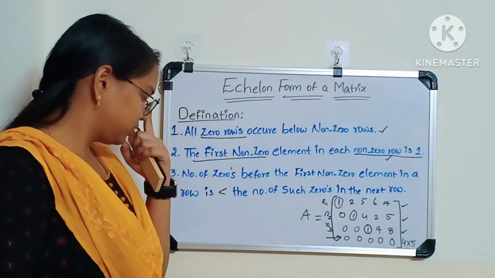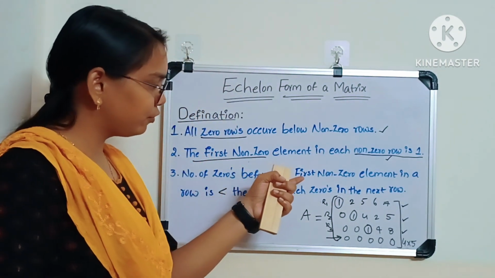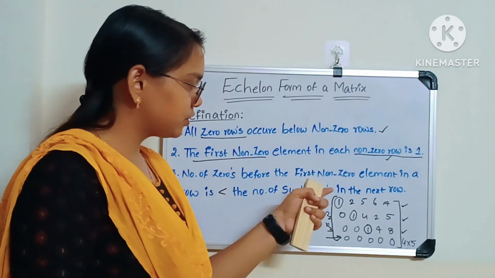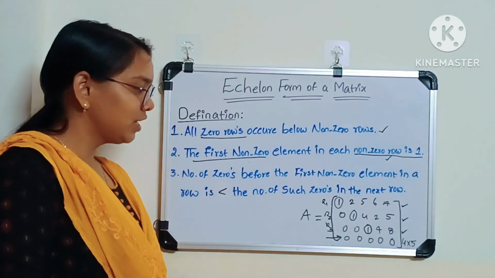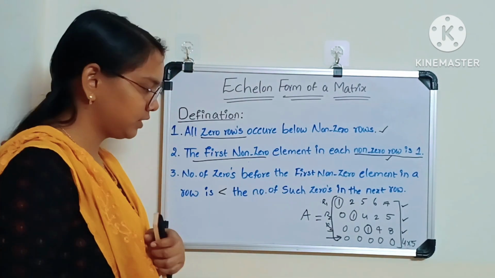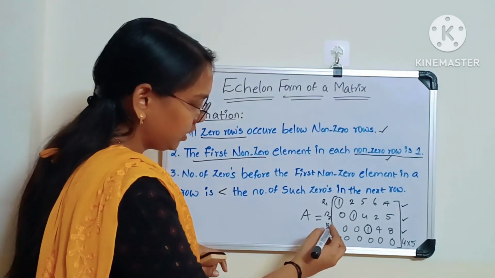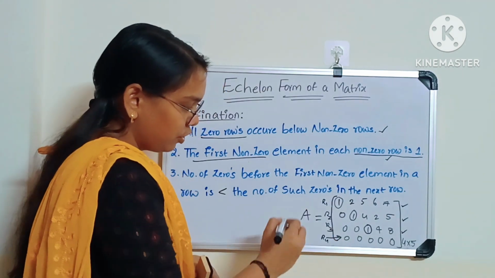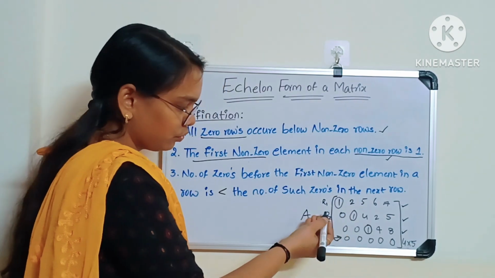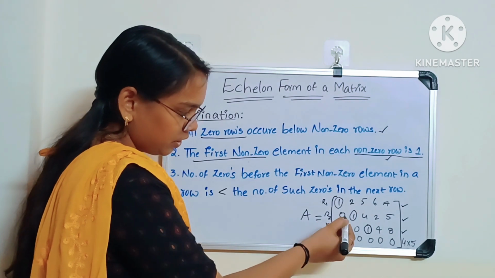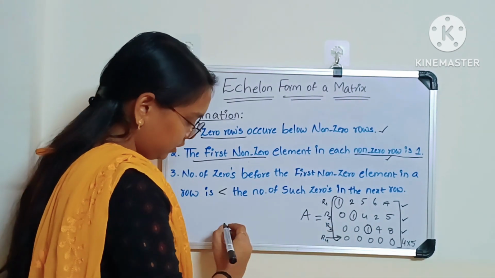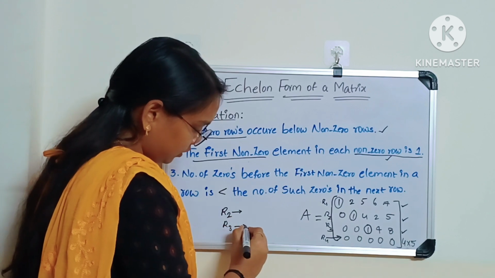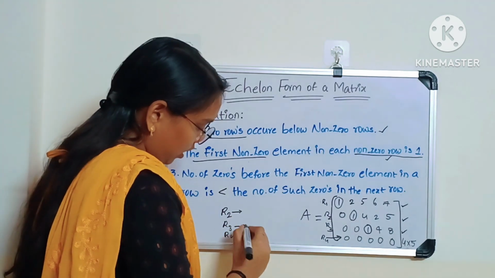The next one is that the number of zeros before the first non-zero element in a row is less than the number of such zeros in the next row. I will explain it in a simple way. There are 4 rows. In the first row there is no zero, so we compare R2 and R3, and also R4.